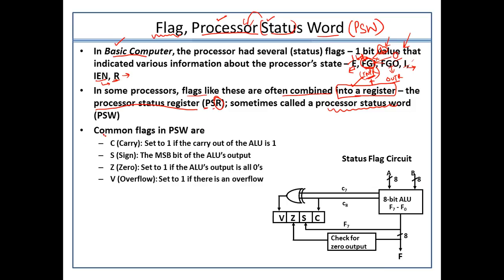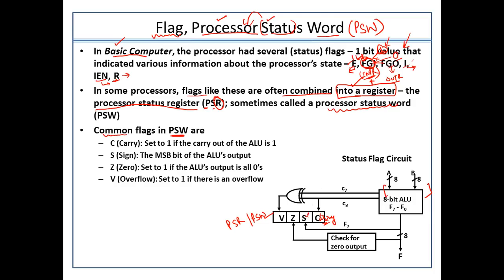So what are the common flags being used in this processor status word? This is actually a processor status word or processor status register. It has some naming conventions: C is there, which is nothing but the carry flag. If while computing the data I got some carry value, then this carry flag will get activated, meaning some carry is being generated within the output.